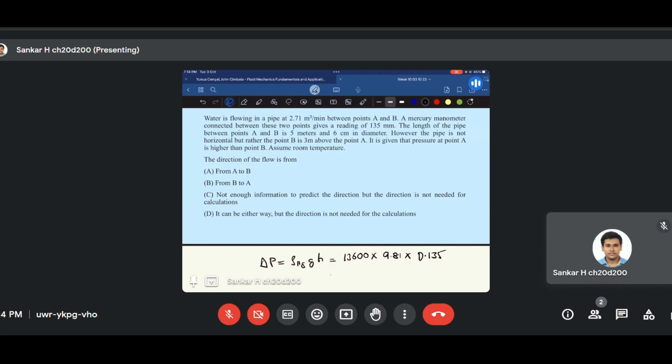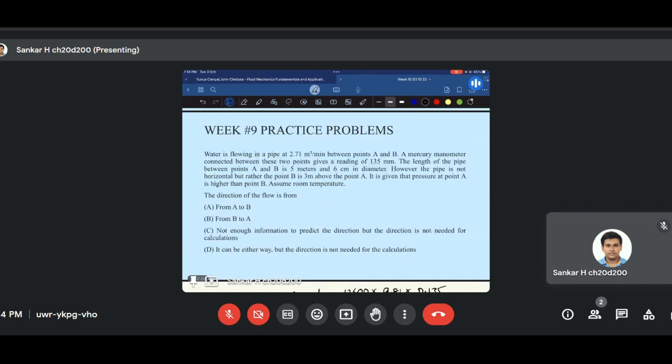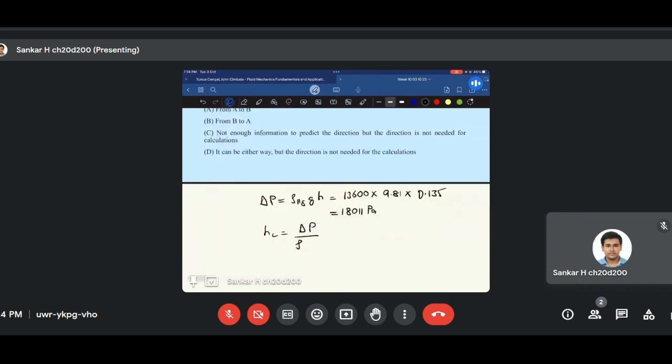You'll get this as 18,000, or 18 kilopascal. And to find the head loss, it has to be this delta P divided by, since it's water, the value of water's density and g.